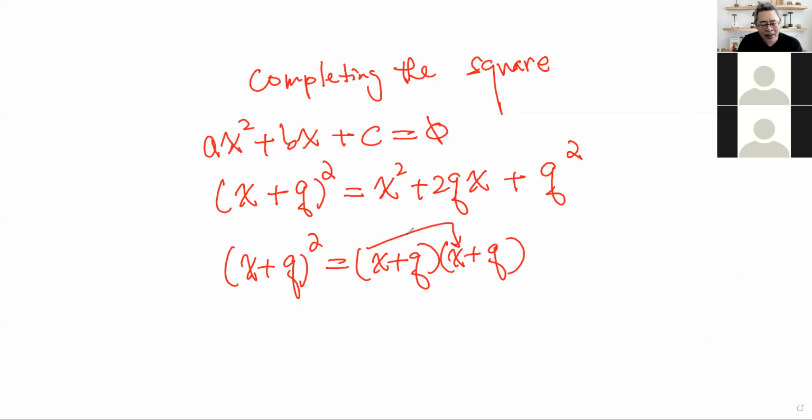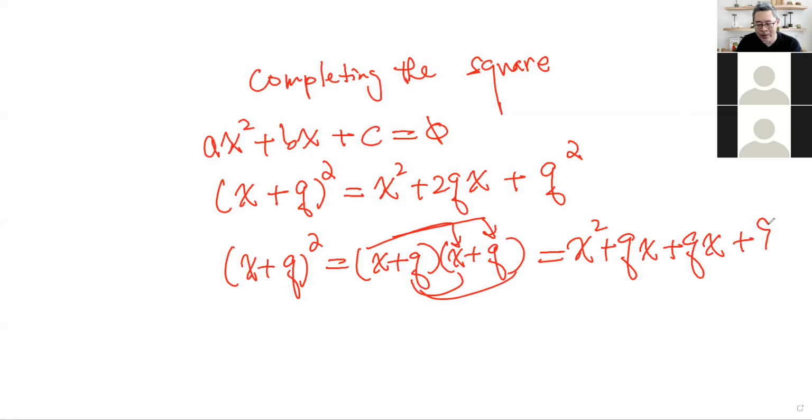Then x squared, x times q. So x squared plus qx, then qx, and then q times q, q squared. Good? I see. You just skipped that part and went straight to the answer. Right, just because we had that early on, this is just more general.